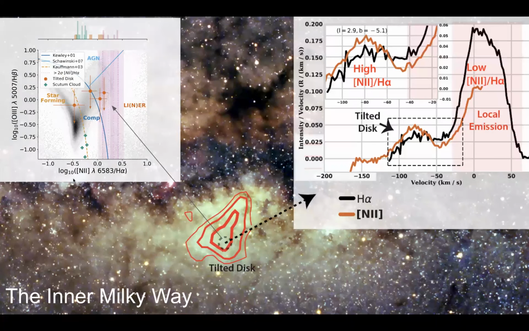This is commonly used in extragalactic studies to classify galaxies based on whether they're star forming, AGN, or this other class of galaxies called LINERs. It turns out a lot of the pointings we have towards this tilted disk structure align with this LINER class of galaxies. This makes the Inner Milky Way our closest example of such a LINER system, and really lets us study what LINERs are in more detail.